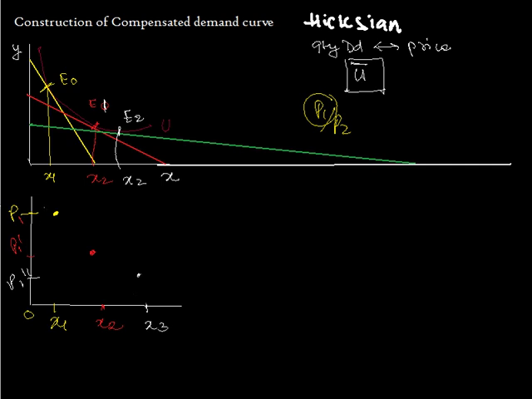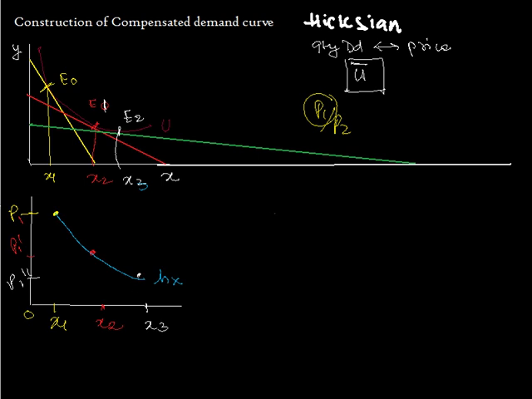Clear? Now as price has fallen from P1 to P1 dash to P1 double dash and so on, and equilibriums have changed from E0 to E1 to E2, this would be X3, but your utility is being kept constant, and if you join these 3 points, the curve which you get is your Hicksian demand curve. So this is your Hicksian demand curve.